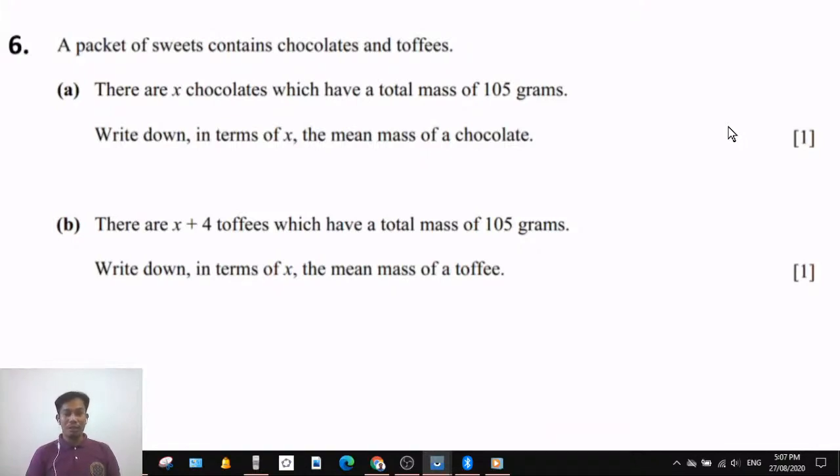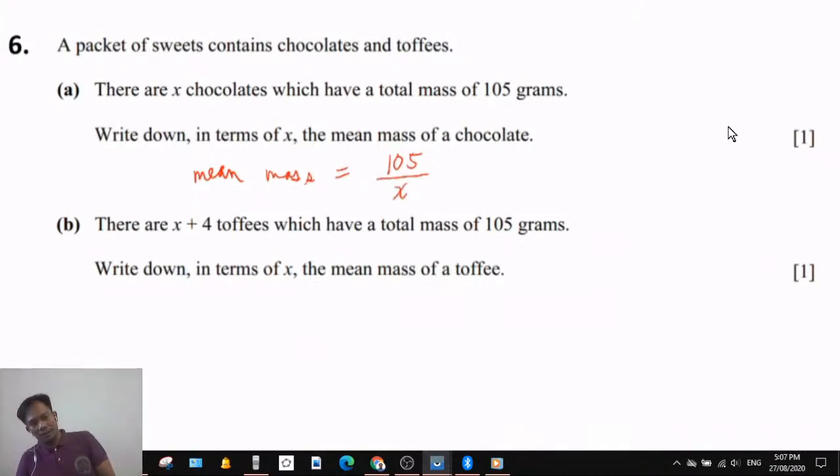Okay, the total mass is 105, so it is 105 over x. The mean mass of a chocolate is 105 over x, because the total mass is already 105, you just divide it by how many chocolates you have.